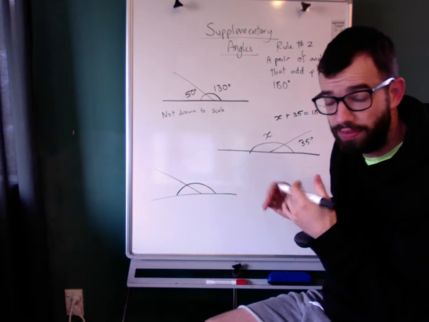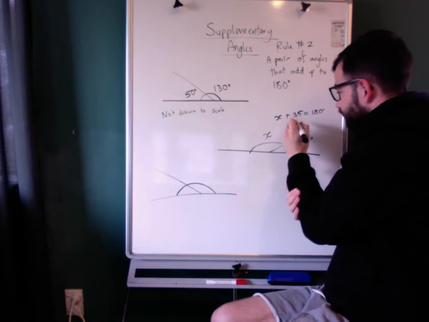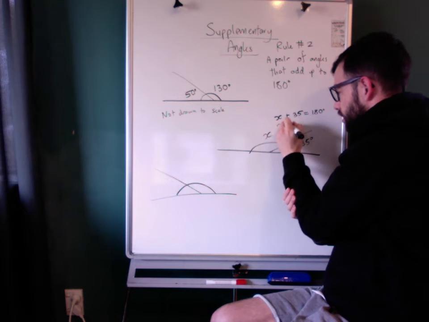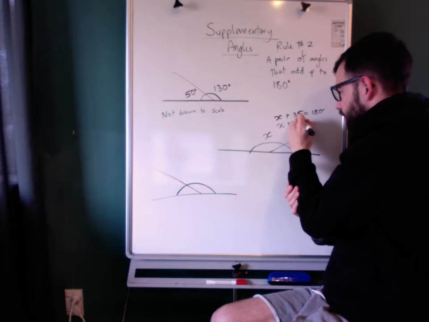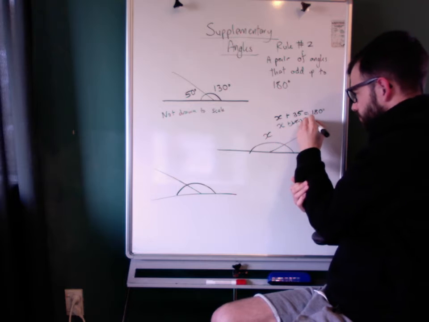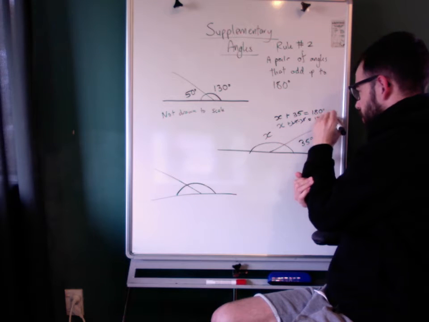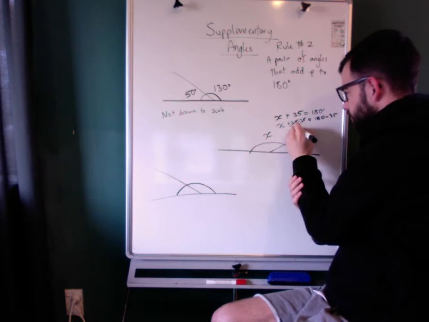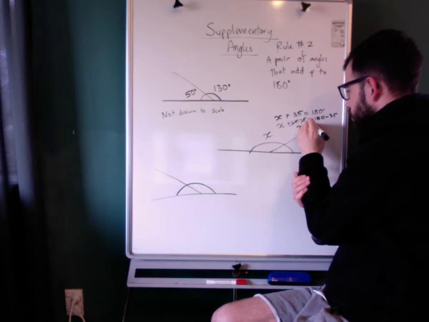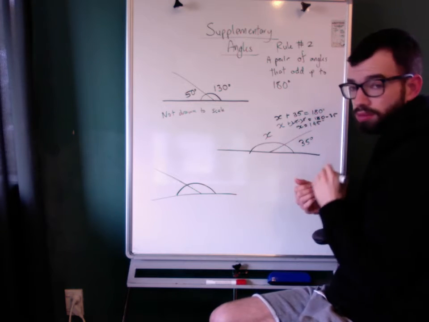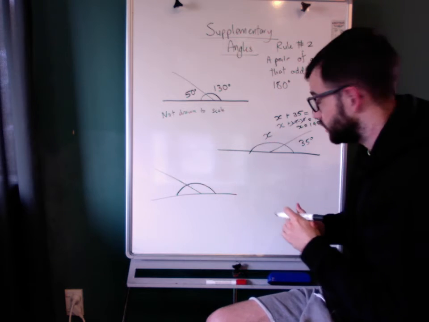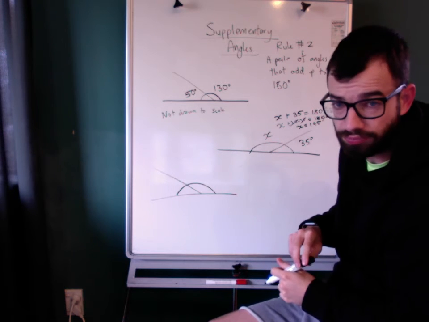Well, we move the 35 to the other side. We just want to get x by itself. So we do that by going x plus 35 minus 35, cancel, equals 180 minus 35, x equals 145. Okay, so x is 145 degrees.